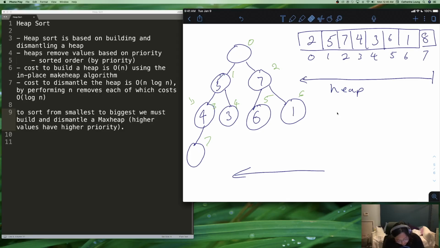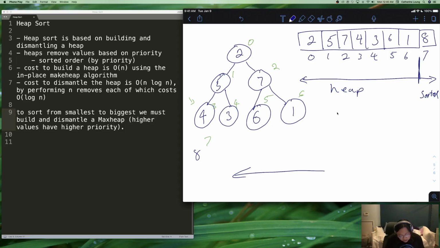Well, remember that this 8 is no longer part of the array, right? So effectively, the heap only goes up to that point at this point. This is 8. This part of the array is now sorted. So the sorted array is from where the heap is all the way to the end.